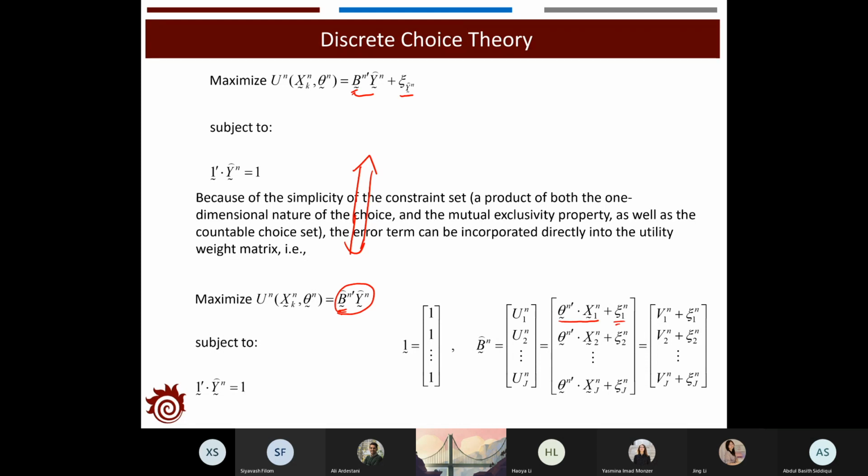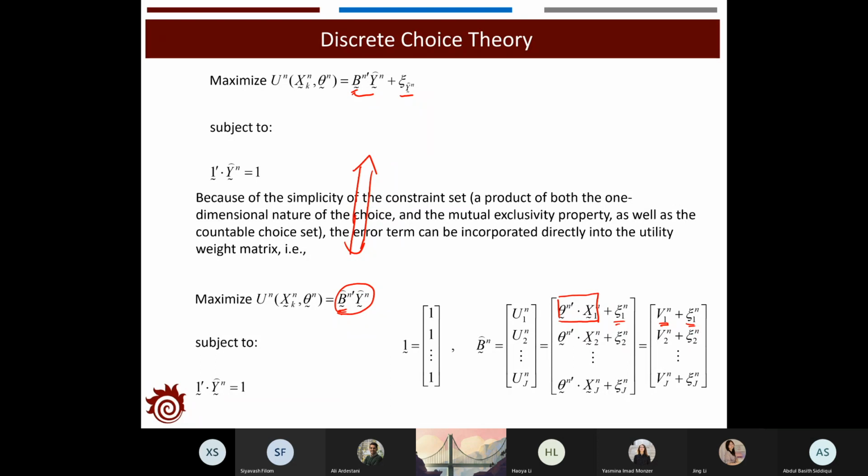And here you will see that for the linear regression part, theta times x is what one can estimate from the model, and it's the deterministic component. So we define a new variable v1n to represent the deterministic utility, and epsilon will be the random term. We define it as the random utility. Combine them together, and that will be the actual utility we're going to use.